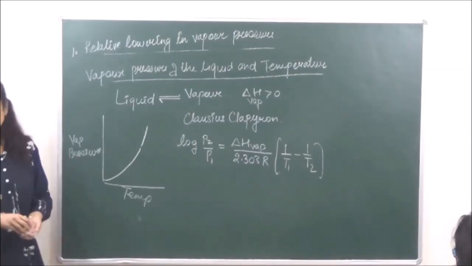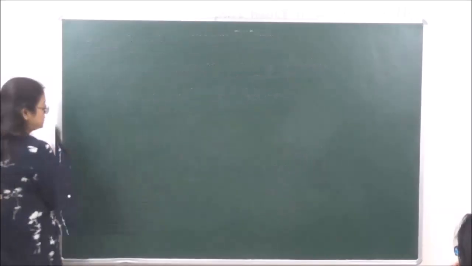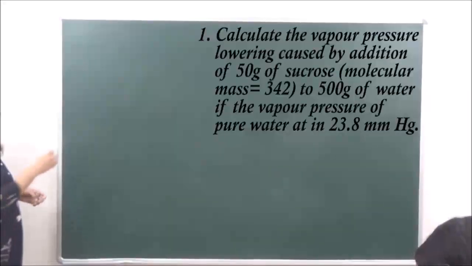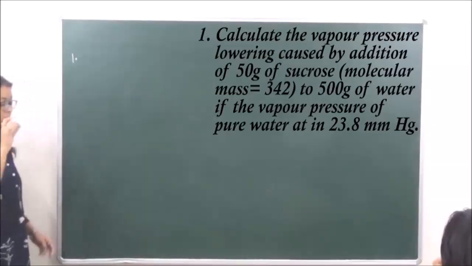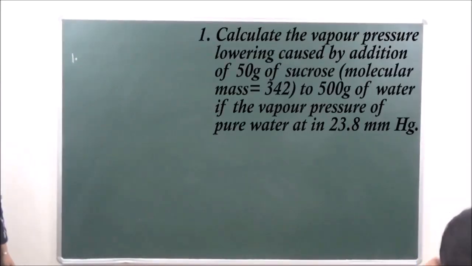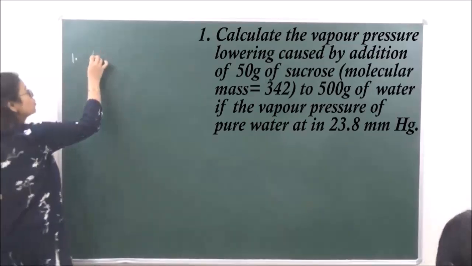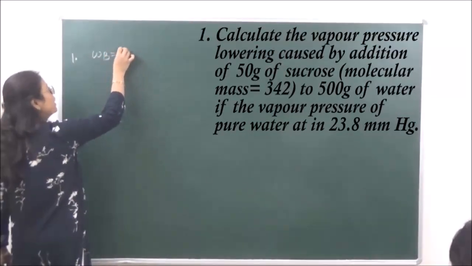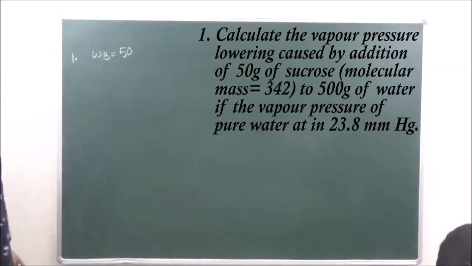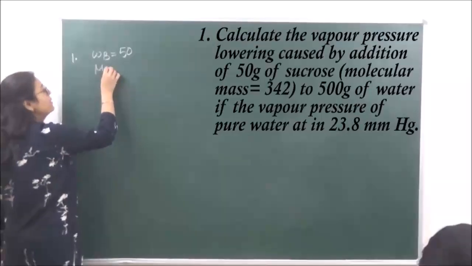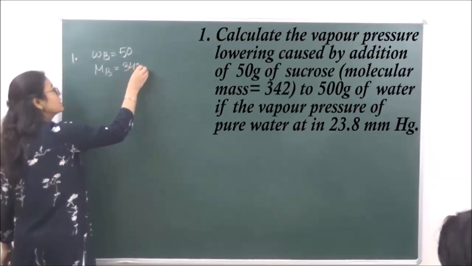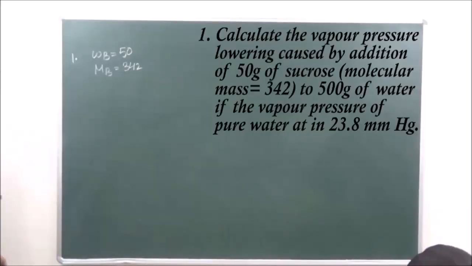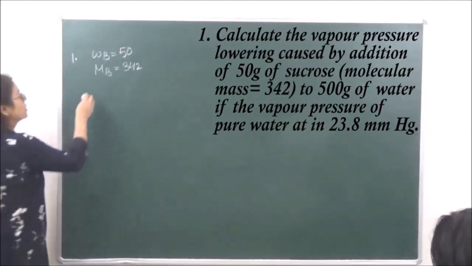Is it clear? So let's go on to the questions now. First question is: calculate the vapor pressure lowering caused by addition of 50 grams of sucrose. So 50 grams of sucrose means WB given to us is 50 grams, with molecular mass of 342, so MB is 342, in 500 grams of water.